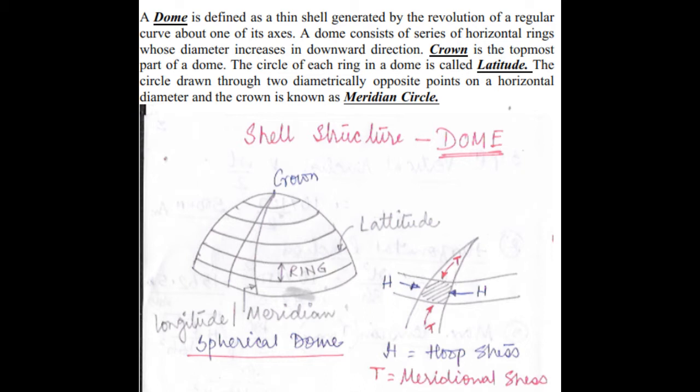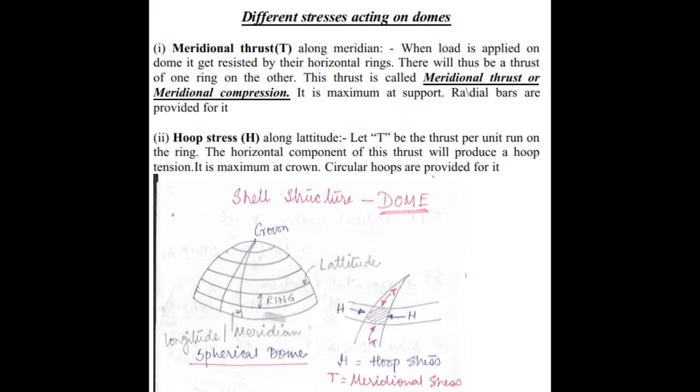And here I have discussed what the hoop stress and the meridional stress are. Let us see the different stresses acting on a dome. As you can see in the diagram, the meridional stress or meridional thrust acts along the meridian, obviously from where the name comes. When the load is applied on the dome, it gets resisted by the horizontal rings.